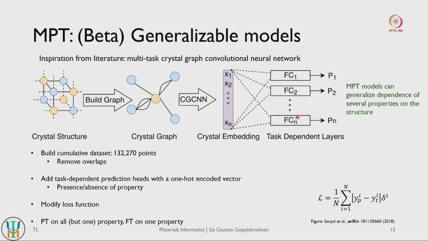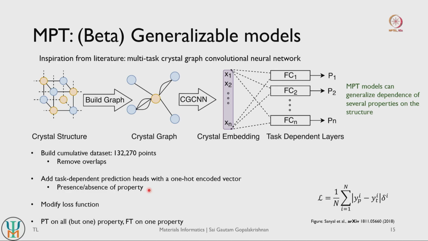In order to make this multi-property pre-training a reality, we put in one-hot encoded vectors for each prediction task, right. This basically indicates which property is present or absent for a given structure. So there can be scenarios where for a structure only the formation energy is known, none of the other properties are known, whereas for other structures all the 7 properties are known, right.